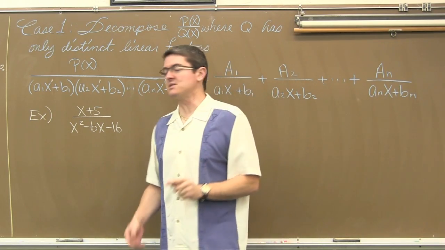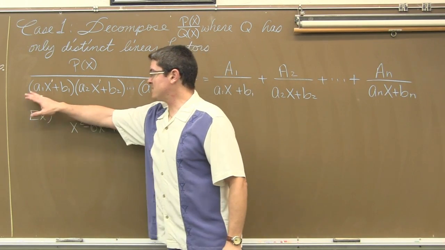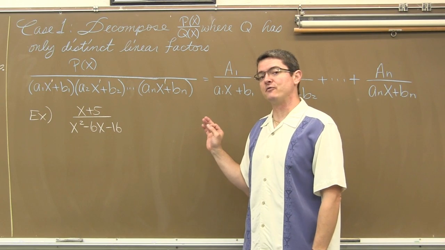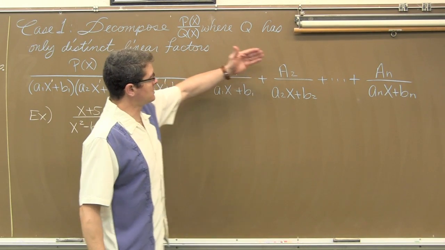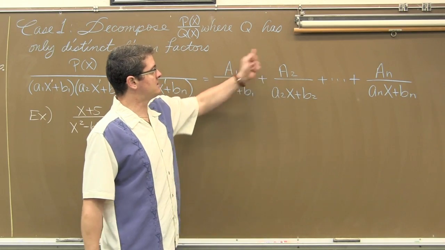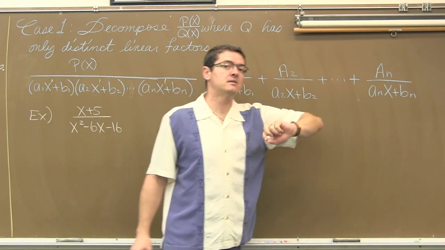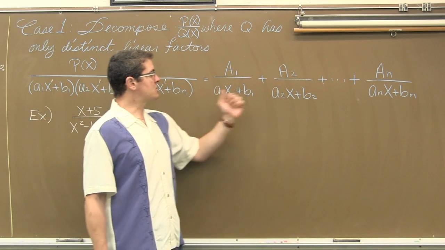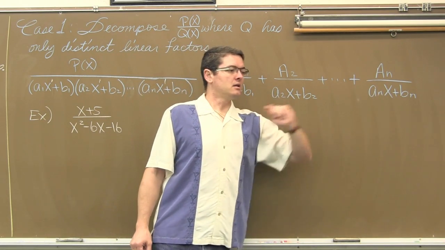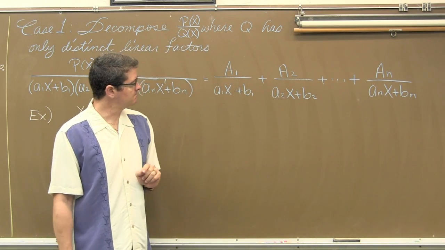So all this really means is that this is just q in full factored form, and we've got a different constant, an A sub 1, A sub 2, dot dot dot, A sub n. We're putting a constant over each individual linear factor of q of x.